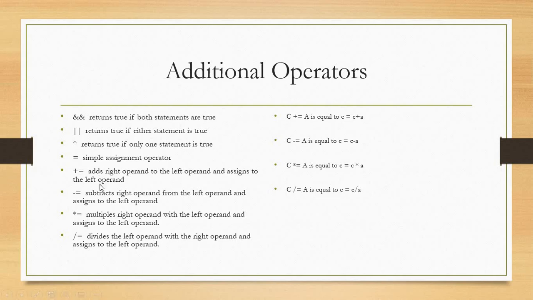You will notice examples of these: plus equals, minus equals, times equals, divided by equals over here. C plus equals A is equal to C equals C plus A, and the same for each of the other three examples.